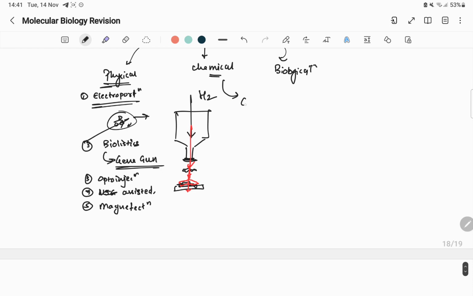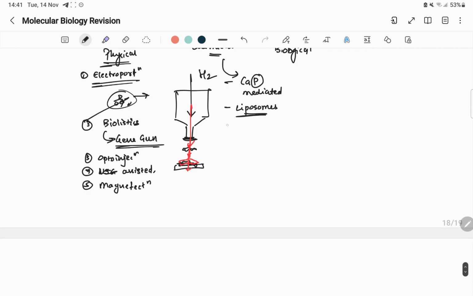In chemical methods we have the calcium phosphate mediated method, then we have the liposome method. Liposomes are injected. Then nanoparticles, and the quantum dot method, many methods are there.